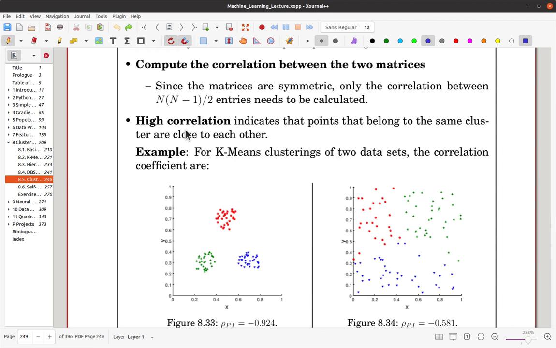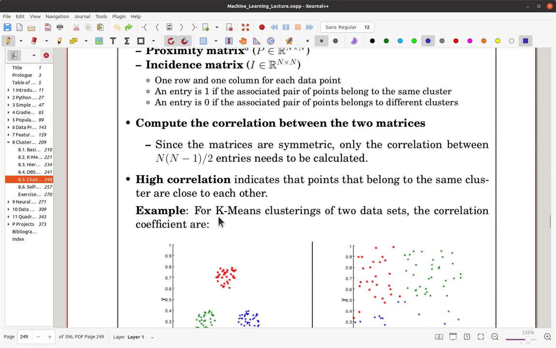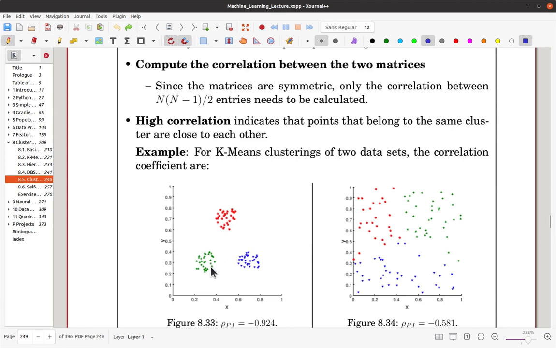And high correlation indicates that points that belong to the same cluster are close to each other. Now here, one is the distance measure. The other one is the index, so if you try to measure the correlation, then that must be true. For example, for k-means clustering of two data sets, one is a well separated data set, and the other one is not well separated.